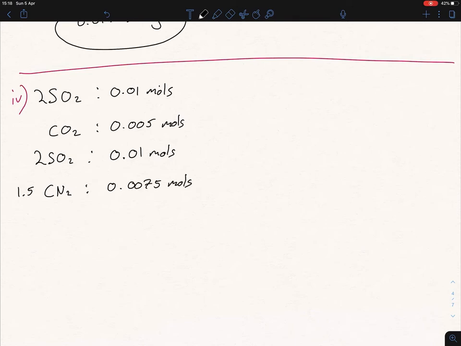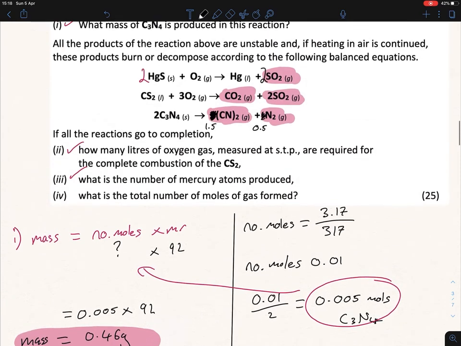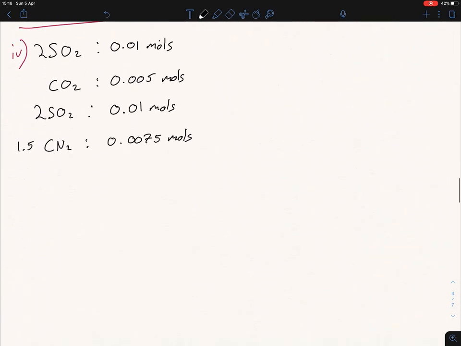Go back up here, we're also dealing with N2, and it's half of N2, so that's N2 over here, and it's 0.5 of it. So all I do there is I get my 0.005, I divide that by 2, and then obviously you will get your 0.0025 moles.